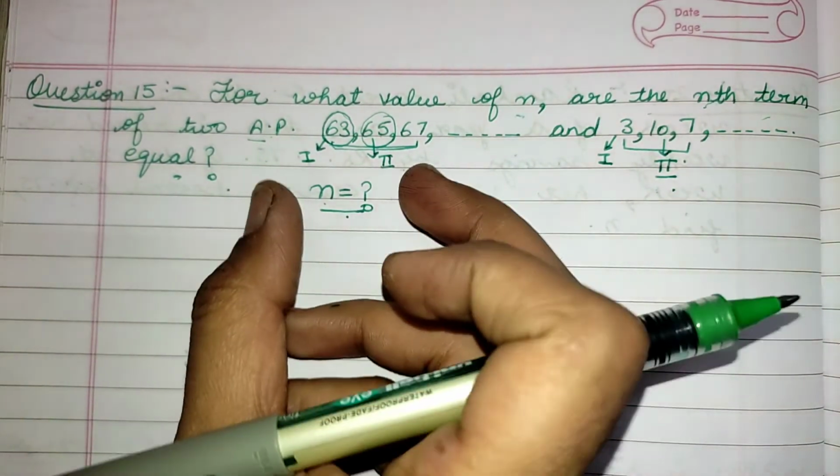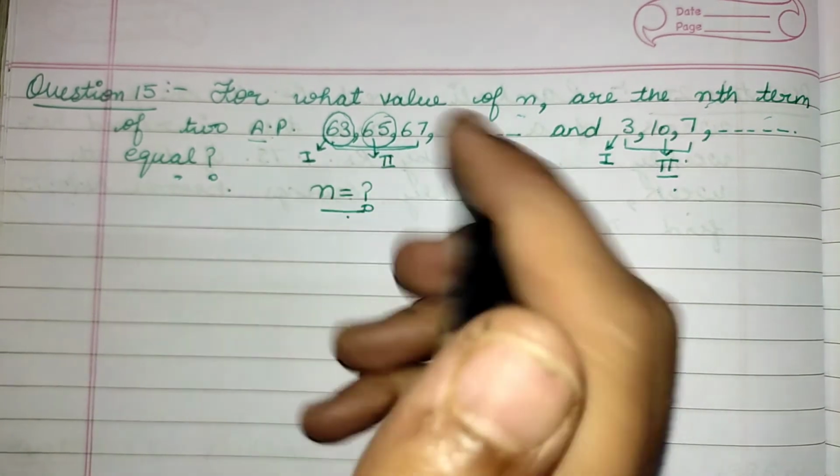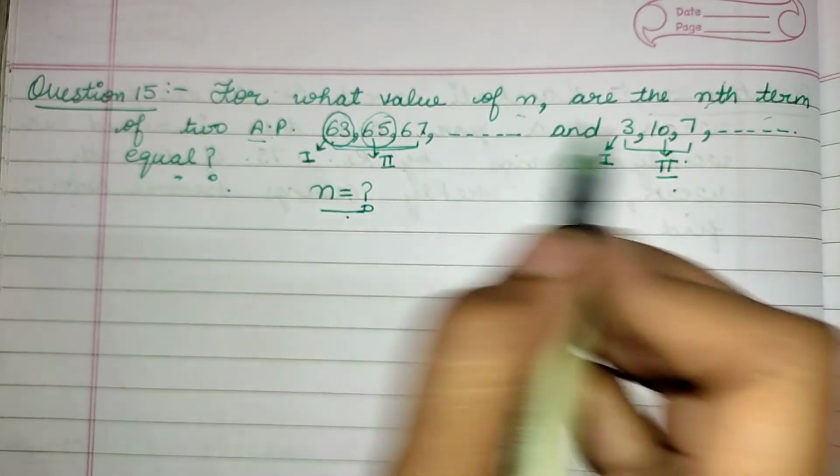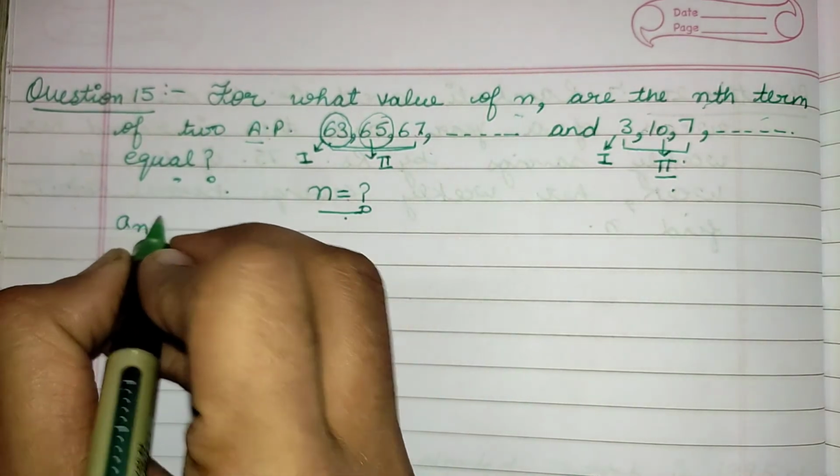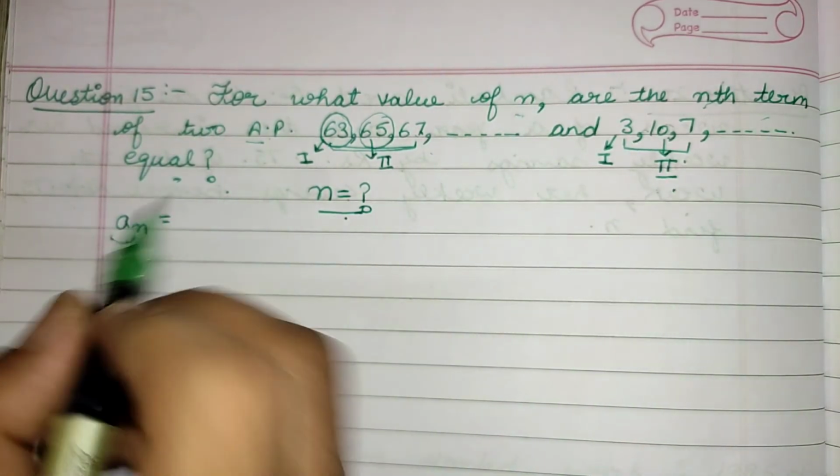They are asking which term number it is for which the values of both the APs are equal to each other. How can we find the nth term of an AP?